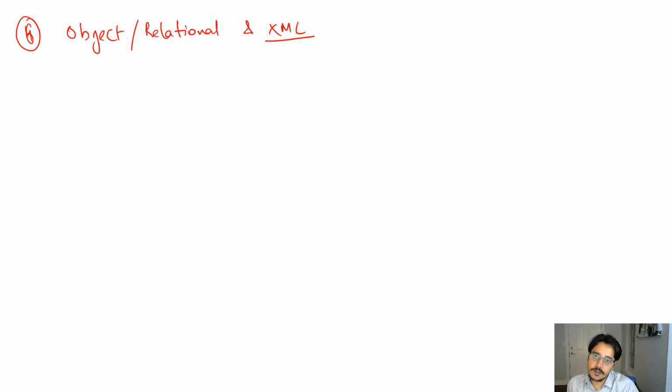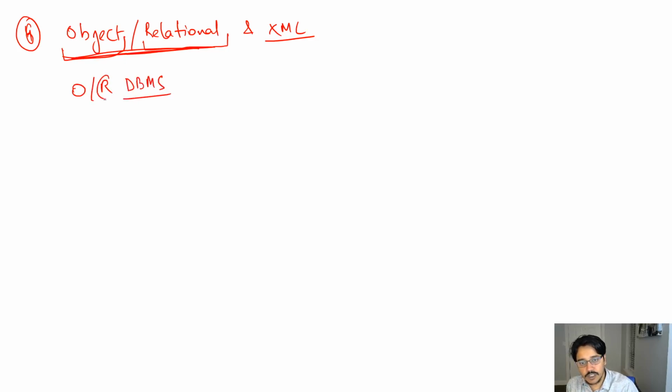Okay. So object relational is basically the merging of the flexibilities that the relational model introduced as well as the advantages that the object-oriented model introduced. So this gave rise to what is known as the O/R DBMSs, which had both the capabilities of the relational model as well as the object-oriented model.